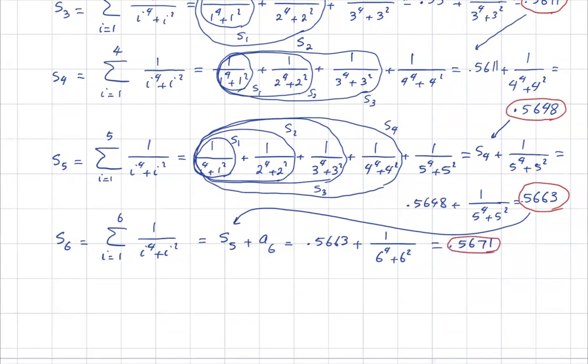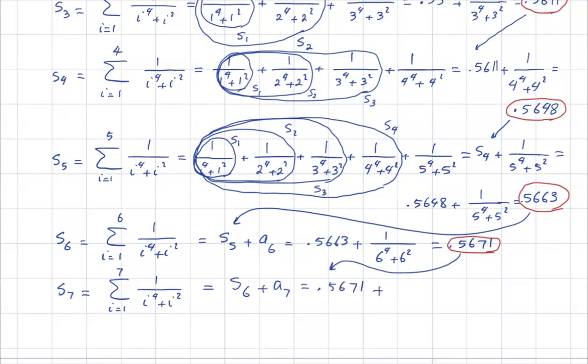So let us find the next sum, which is S sub 7, which is the summation of 1 divided by I to the 4th plus I squared. I starts from 1 and stops at 7, which is going to be S sub 6 plus A sub 7, and you calculated S sub 6 here, 0.5671, plus A sub 7, which is 1 divided by 7 to the 4th plus 7 squared.